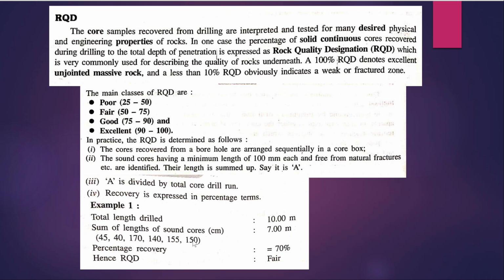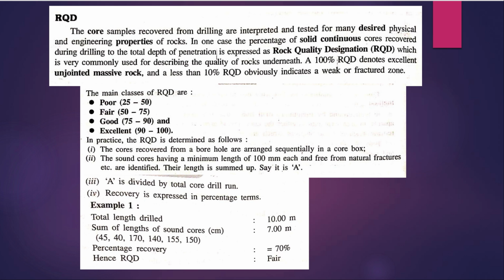So it is 7 meter. The total length of continuous or unfractured solids is 7 meter. So that divided by total depth of penetration gives the RQD value, rock quality designation. Here it is fair in the case of example 1.